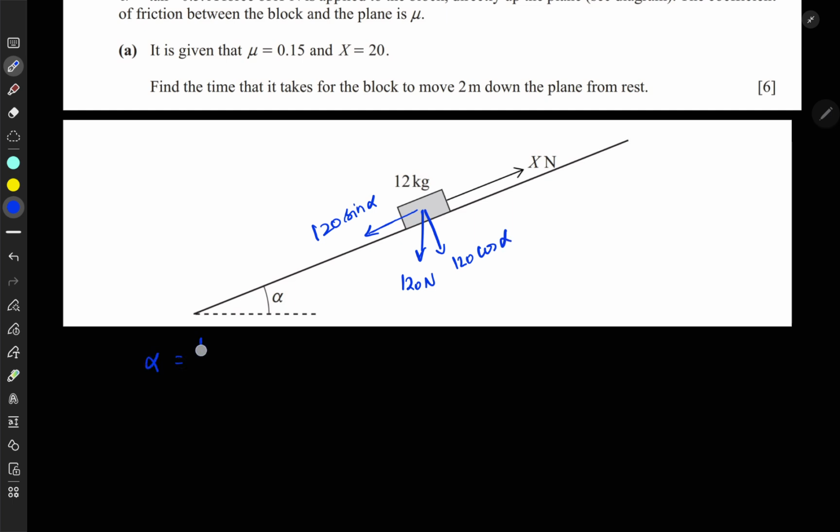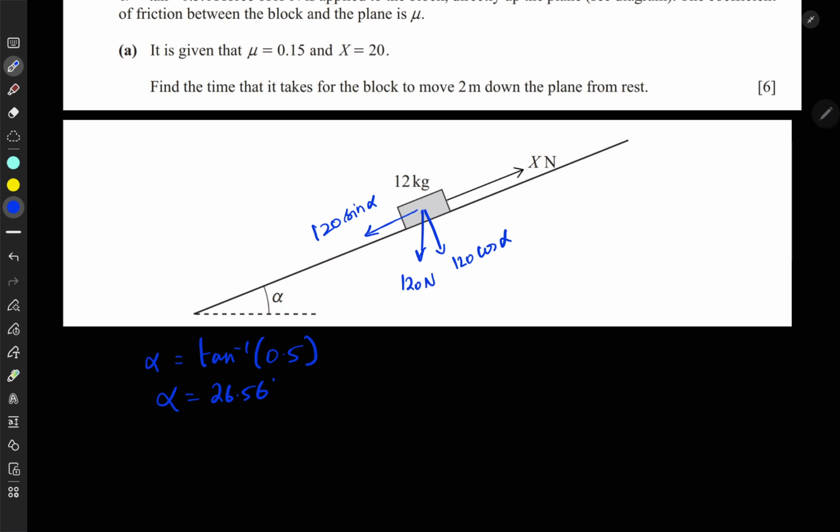First we'll find what alpha is. Alpha is simply tan inverse of 0.5, as given in the question. Using my calculator, tan inverse of 0.5 gives 26.56. So alpha is 26.56 degrees.